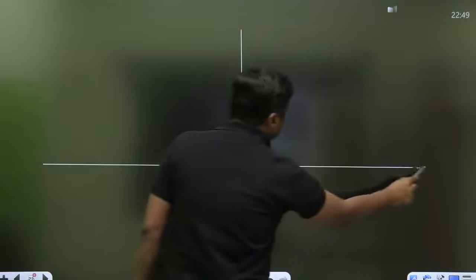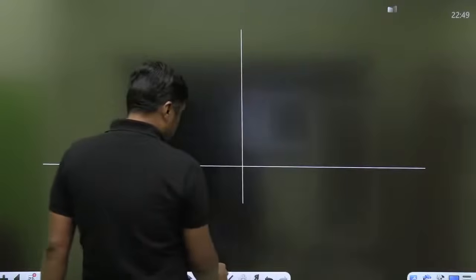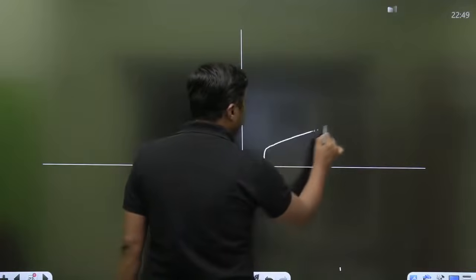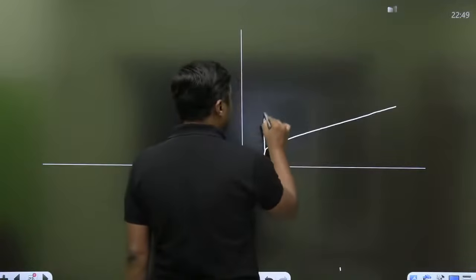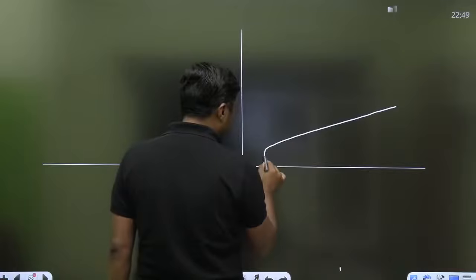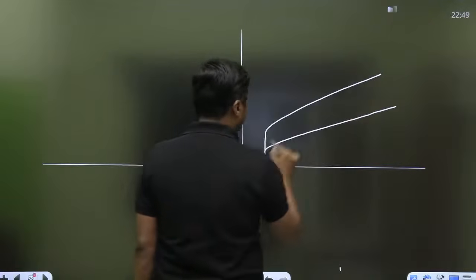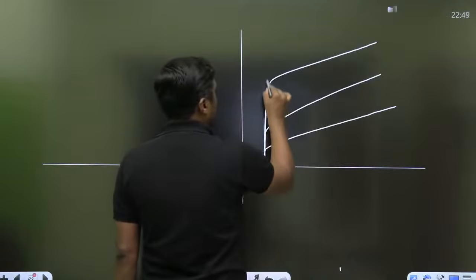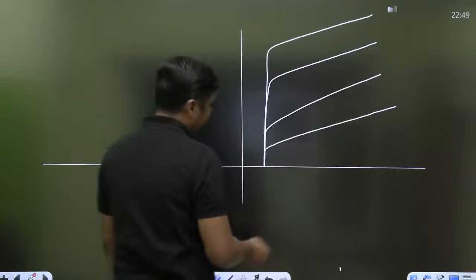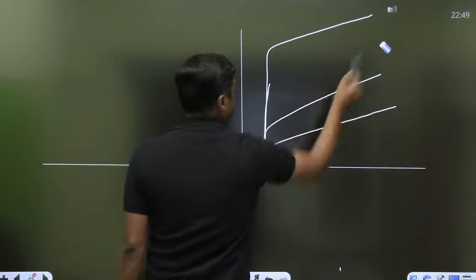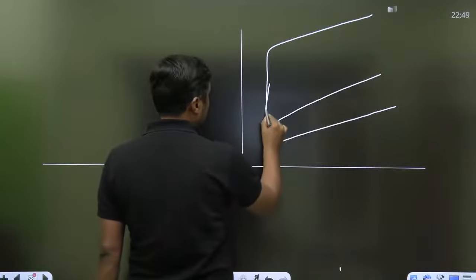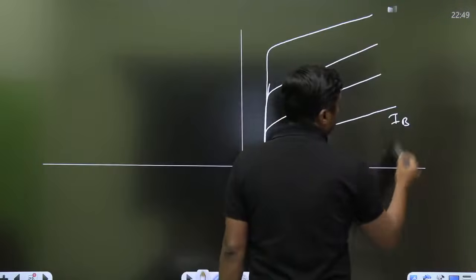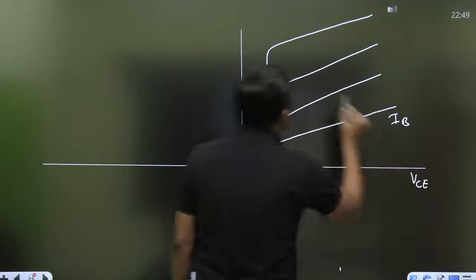So what is the effect of this? Remember that because of the early effect, we are having an elevated curve like this in common emitter characteristics. That is the different values of IB, that is the VCE and this is the IC.